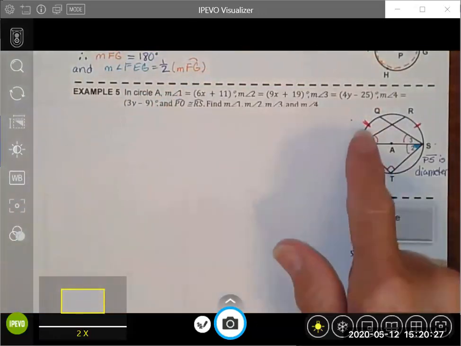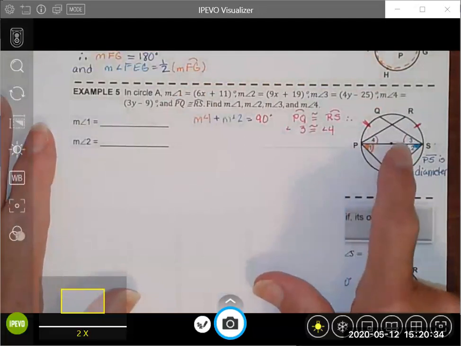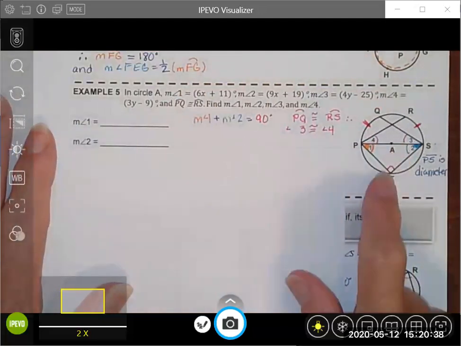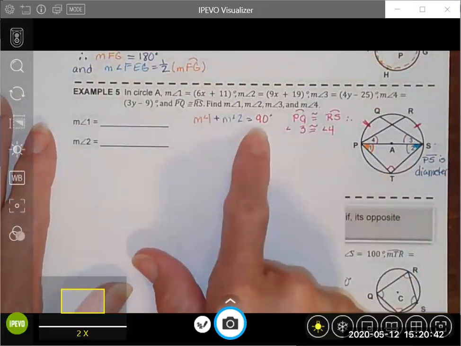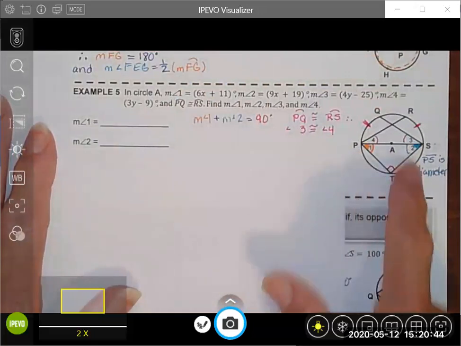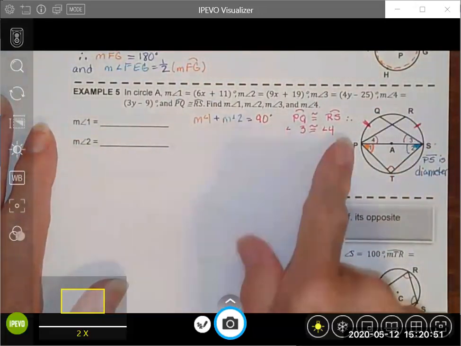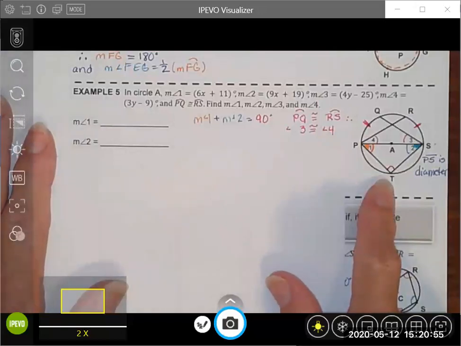So because I know arc PQ and arc RS are congruent, that allows me to say that angle 3 is congruent to angle 4. I also know that the measure of angle 1 plus the measure of angle 2 have to add up to 90 degrees, because we know that the acute angles of a right triangle equal 90 degrees. Okay, so that's some preliminary information I can get just from looking at my picture.